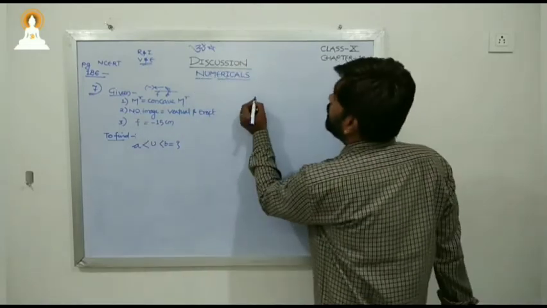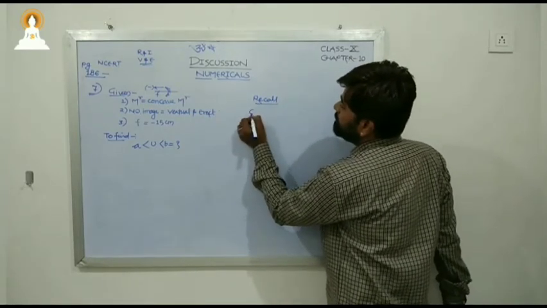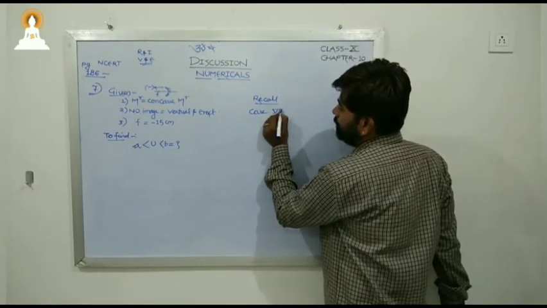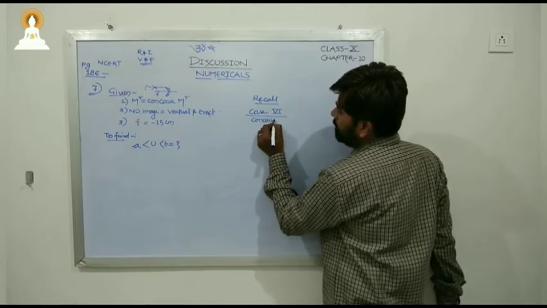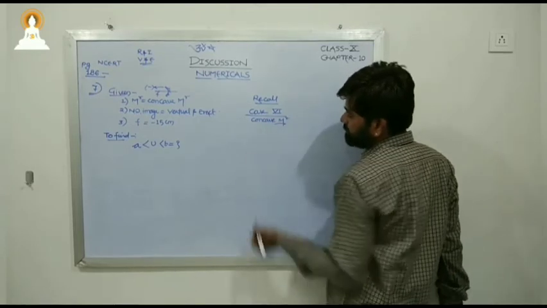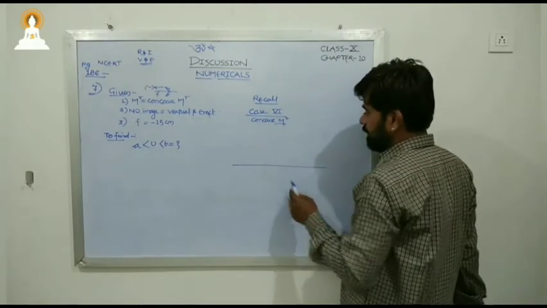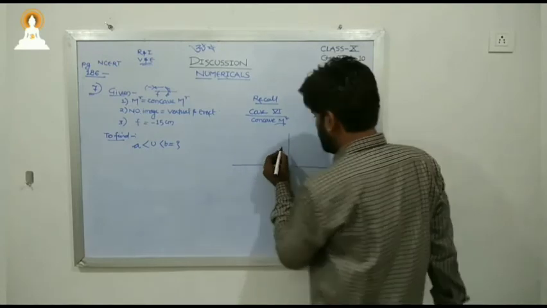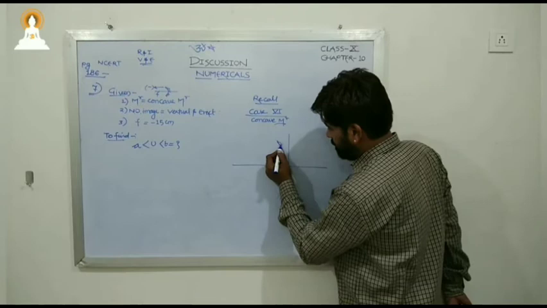Now recall case number 6 of the concave mirror, so we will draw that case. As I have already given you the idea of how to draw concave mirrors and lenses, you should know it better.